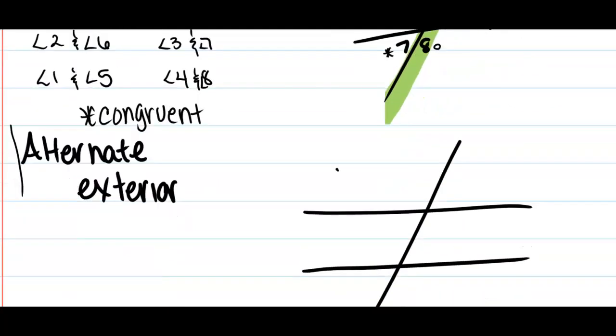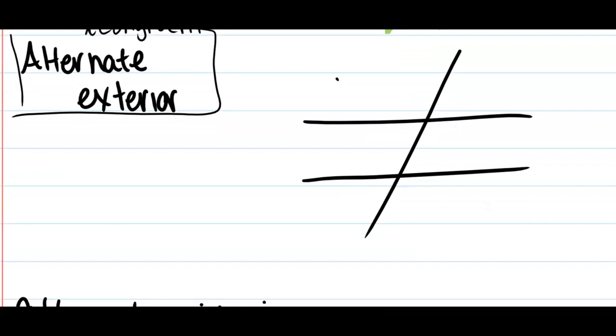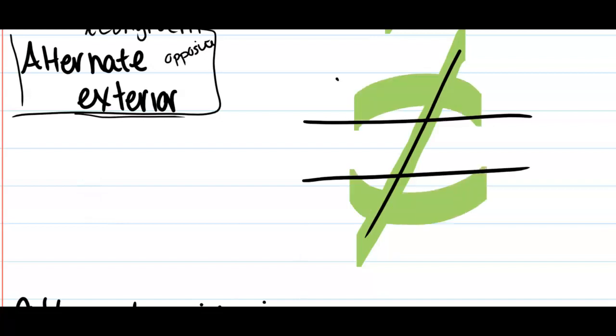Okay, let's look at the next pair of angles. We have alternate exterior. Alternate means opposite, so we're looking at opposite sides of the transversal. This is my transversal. We're looking at opposite sides. And because we're talking about the exterior, remember our hamburger. These are the buns.